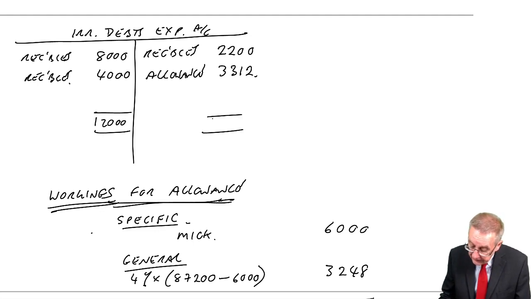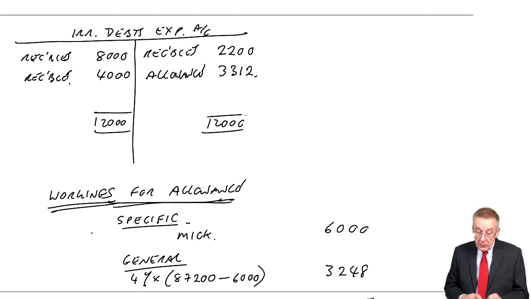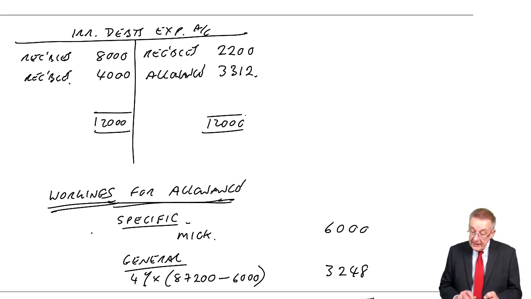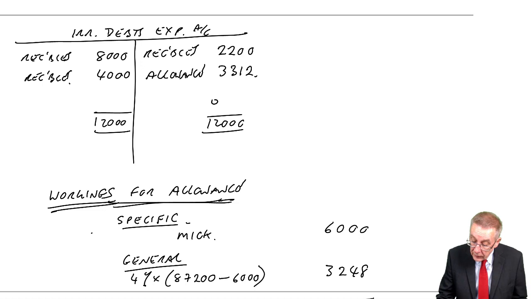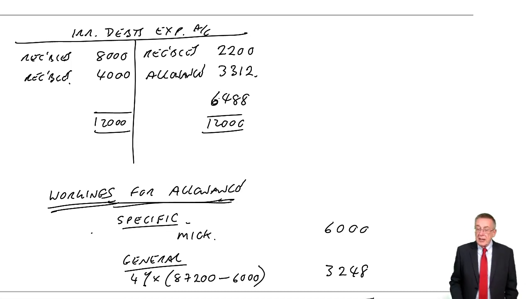And finally, the total, what you might call the net cost of what we've done. Debit is 12. The missing figure, 12,000 minus 22, is 6,488. That's the net cost of everything we've done, removing the receivables.